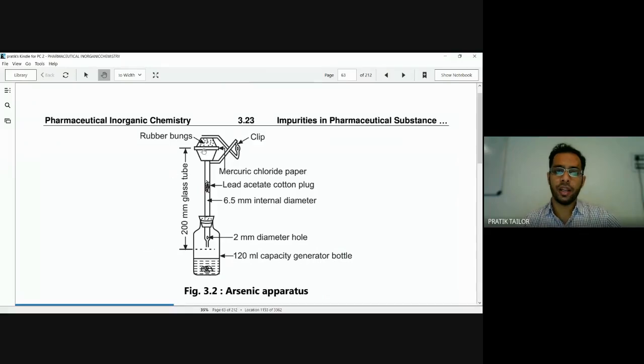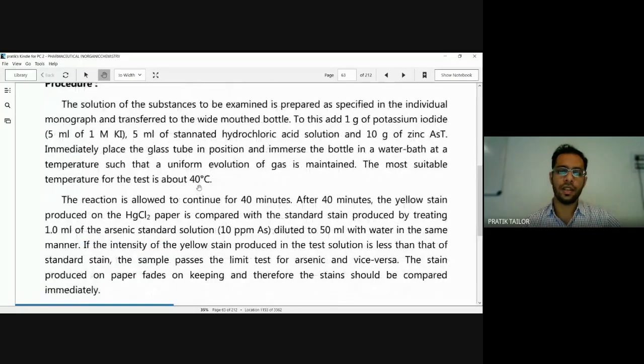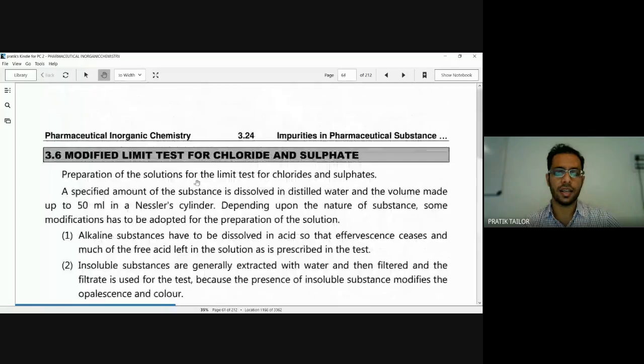In between the rubber bung you have the mercuric chloride paper, and the arsine gas formed from the arsenic will travel through this tube and form a yellow colored stain. This will be evaluated and compared for both standard and test.